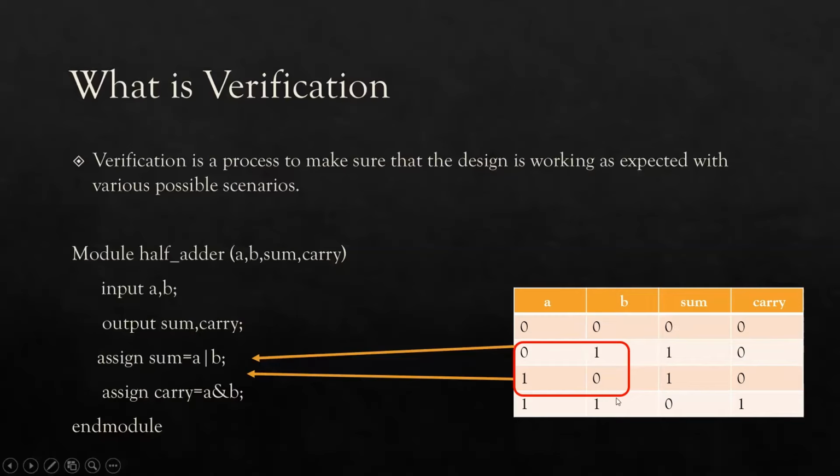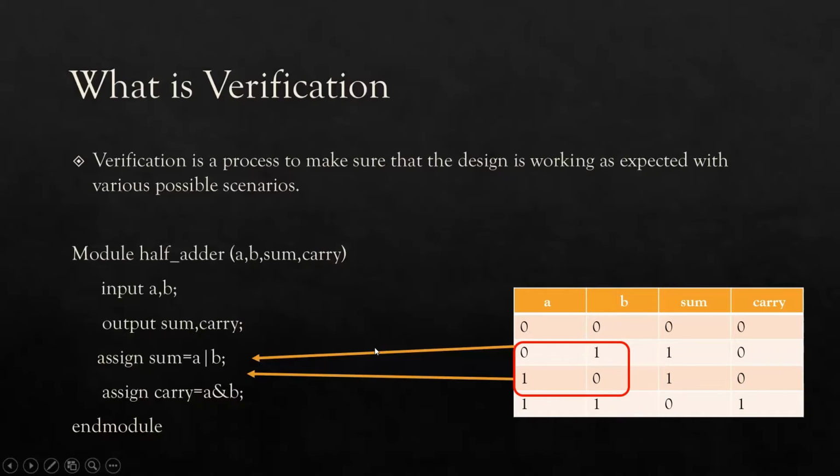But if I give the fourth pair, A equals 1, B equals 1, what is the OR of 1 and 1? That will be 1. But the sum should be 0, and instead the design will throw sum as 1.